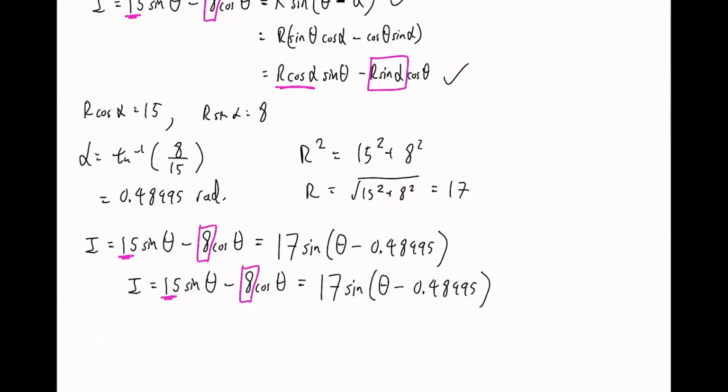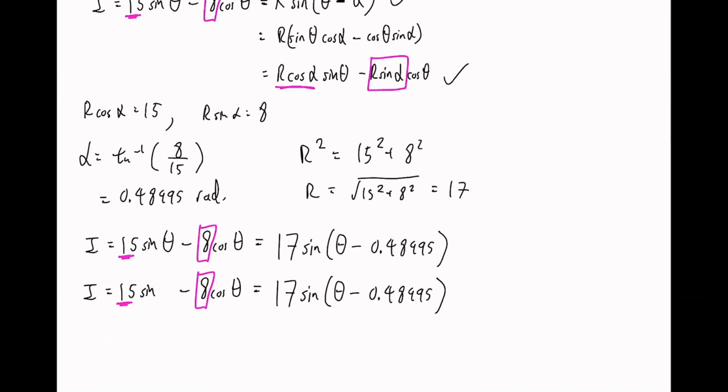In other words, I is equal to 15 sine of 120 pi T, and I need to write 120 pi T each time. Just to answer back to the question.